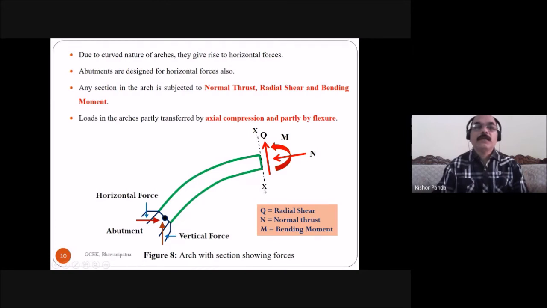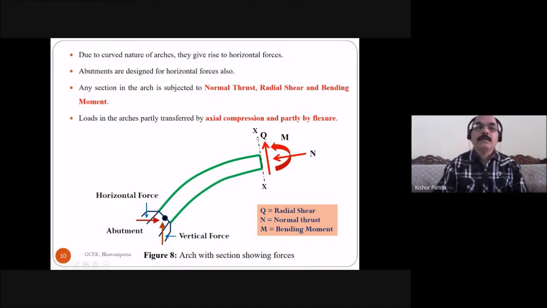At any section in the arch, it is subjected to the normal thrust. The normal thrust is always perpendicular to the section. So this is the section, and this is the normal thrust acting on the section, this is the radial shear acting on the section, and the bending moment is also acting on the section.